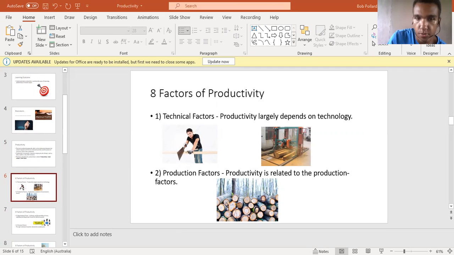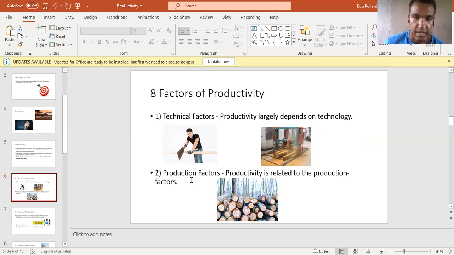These include the proper location, the layout, the size of the plant and machinery, correct design of machines and equipment, research and development, or even the automation and computerization of the organization. So basically, look at the latest technology and its productiveness will be high. So think about someone using a saw to cut timber compared to a machine cutting a piece of timber.